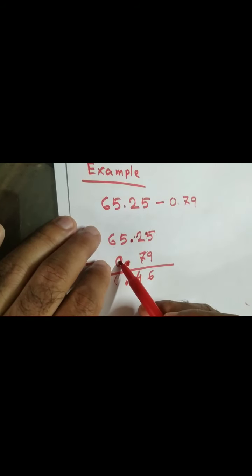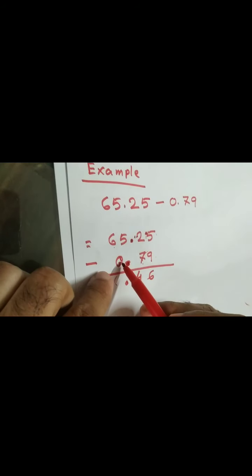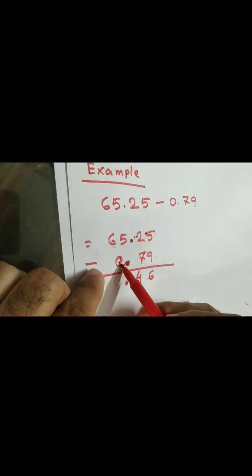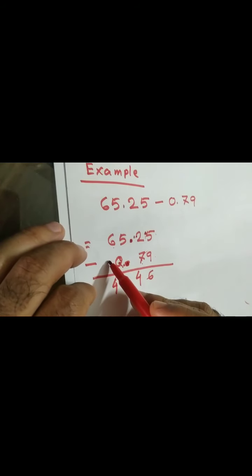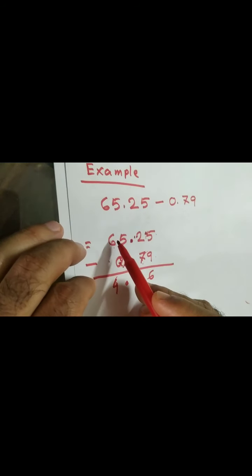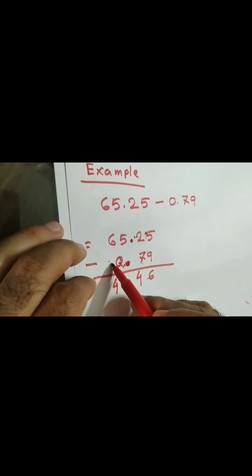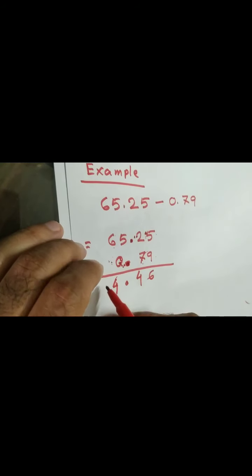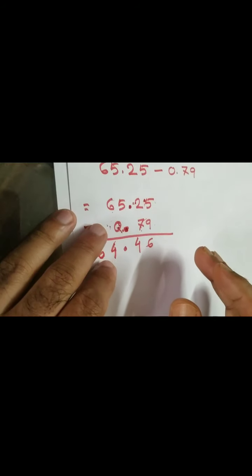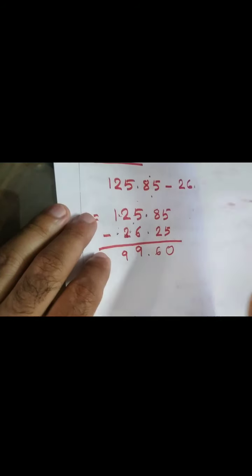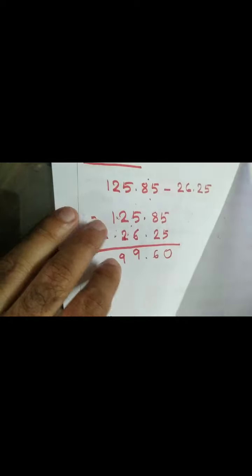Now this 0 is no longer 0, it has become what? 1. So 5 minus 1 gives me how much? 4. Now let's move on to the next column. 6, and there is nothing beneath it, so I can always assume that there is 0 beneath it. So 6 minus 0 gives me how much? 64.